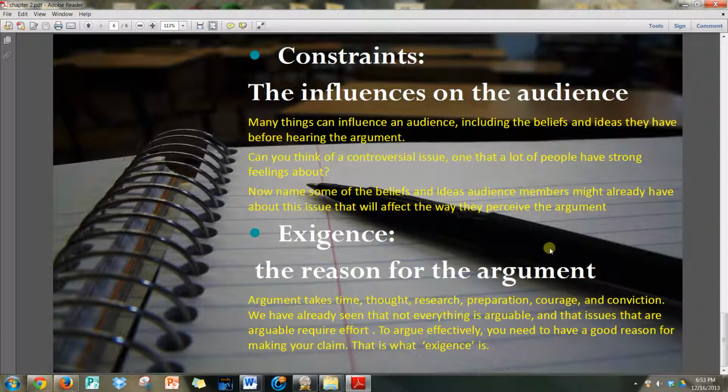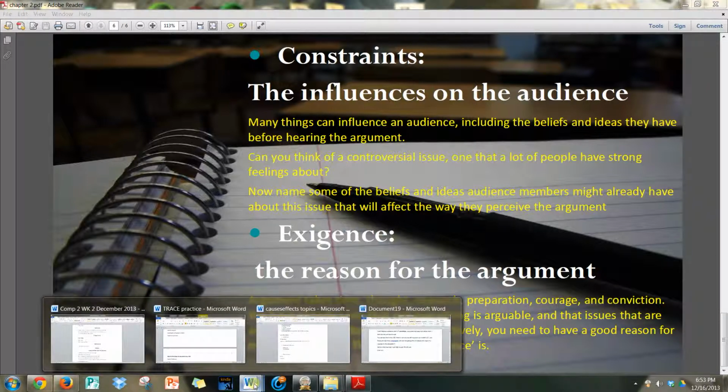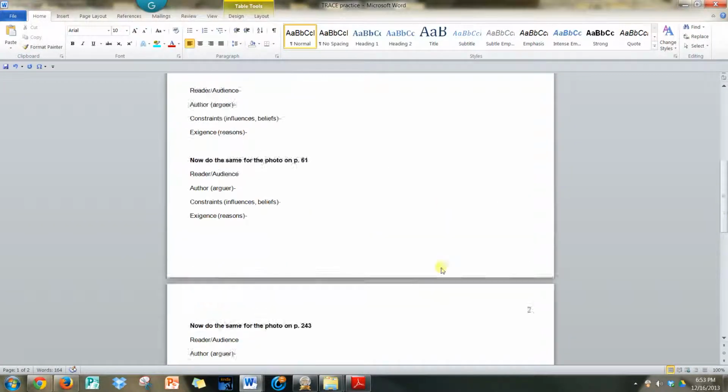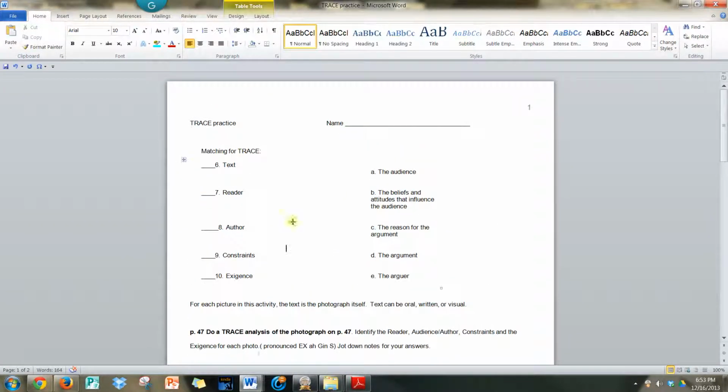Okay? What you'll be working with then in tonight's class is this TRACE as a practice. You'll have a sheet like this where you'll first match up the definitions for the TRACE as you go through here.